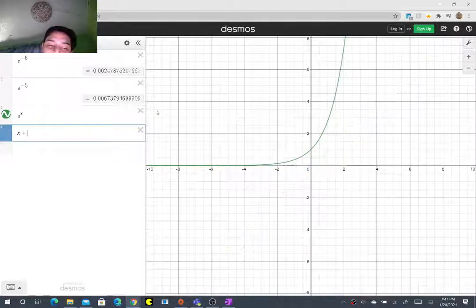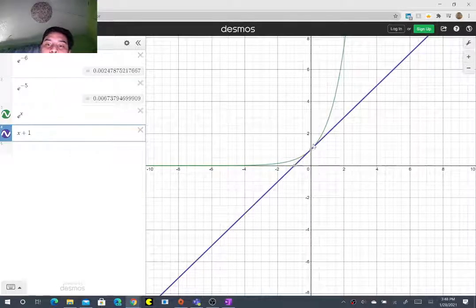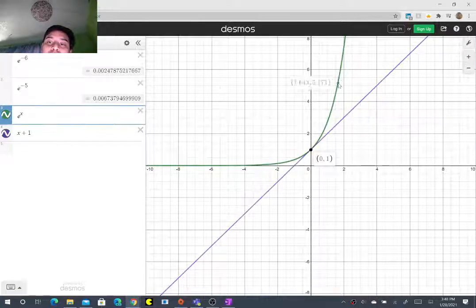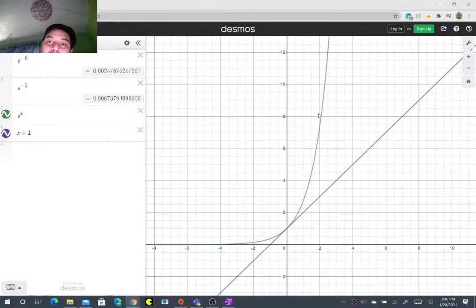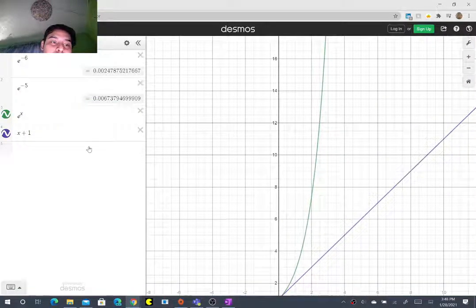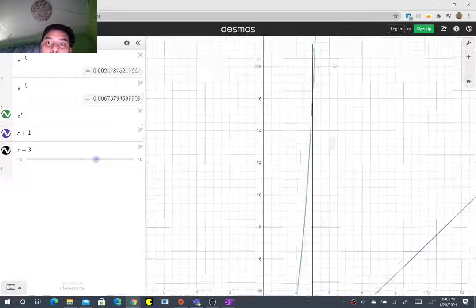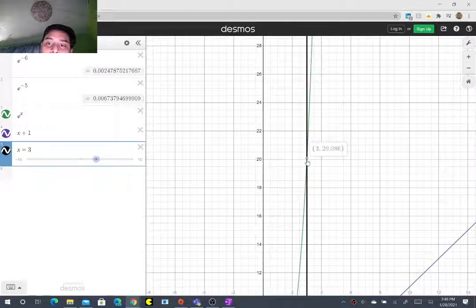If I set x plus 1, for example, they both touch 0, 1 here, but for example, when x equals 3, if we go all the way to 3 on the x-axis, it's going to be about 20.086.